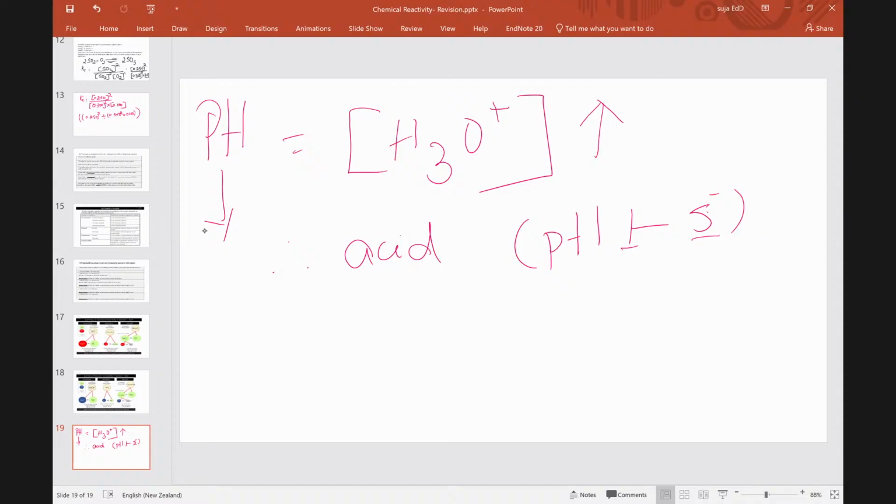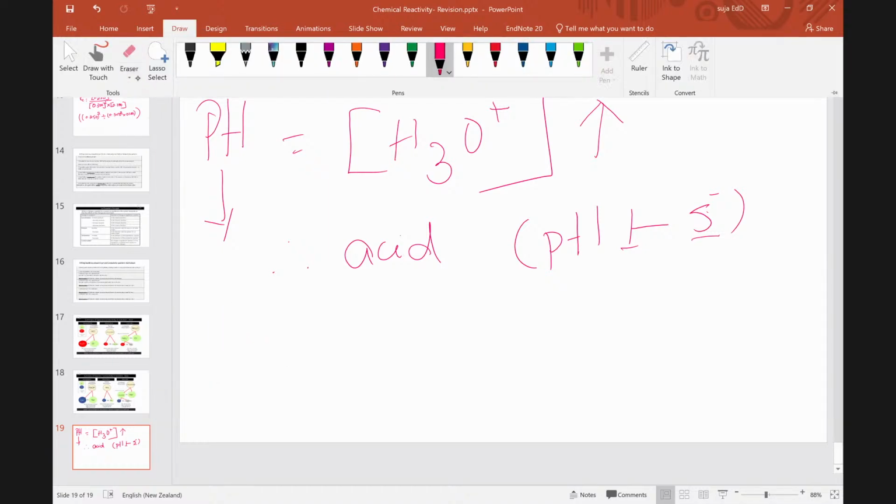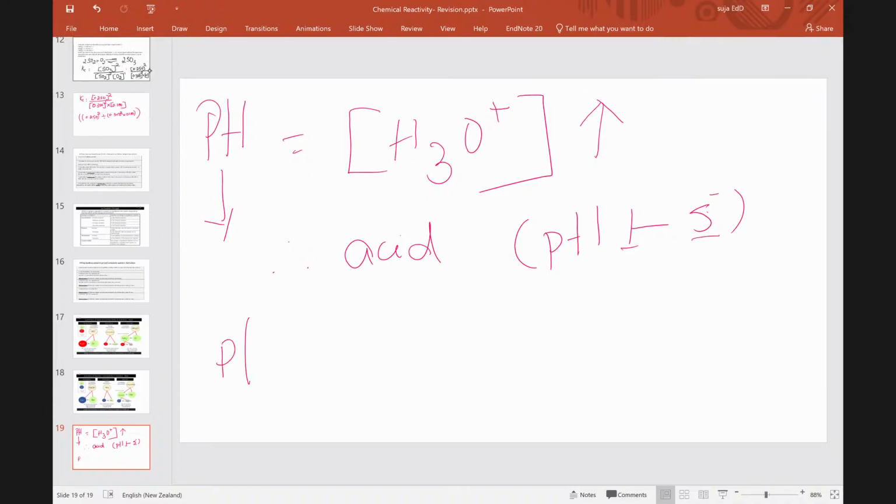And so when you're calculating the pH, pH is the negative log of the hydronium ion concentration. So once again I repeat, if the concentration of hydronium ion decreases, pH increases, that means it is a base.